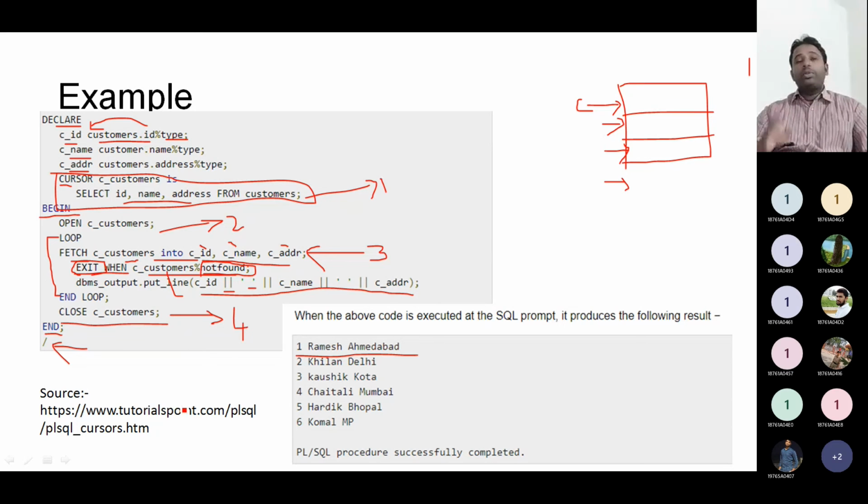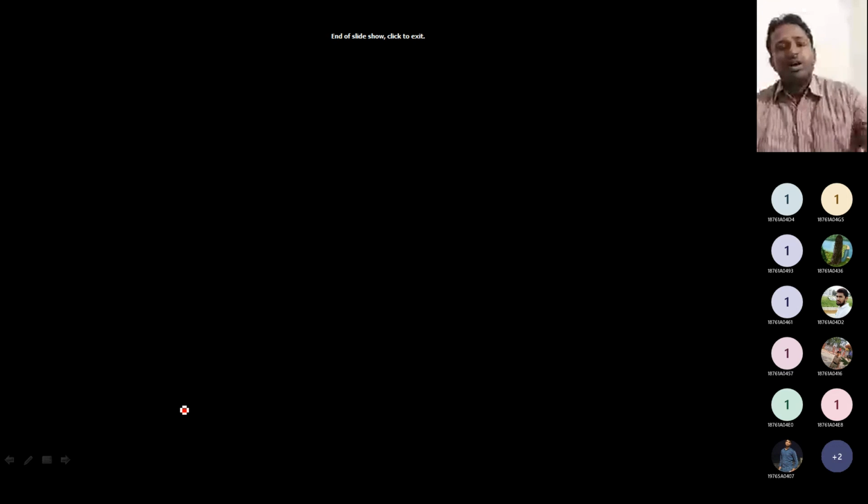Only one row will be referred to by the cursor at one time. So in order to read all the rows, and perform some operation on all the rows, you are supposed to use a loop. That's why we have used a loop. So this is about cursors. Okay, with this I'm concluding the cursors concept.